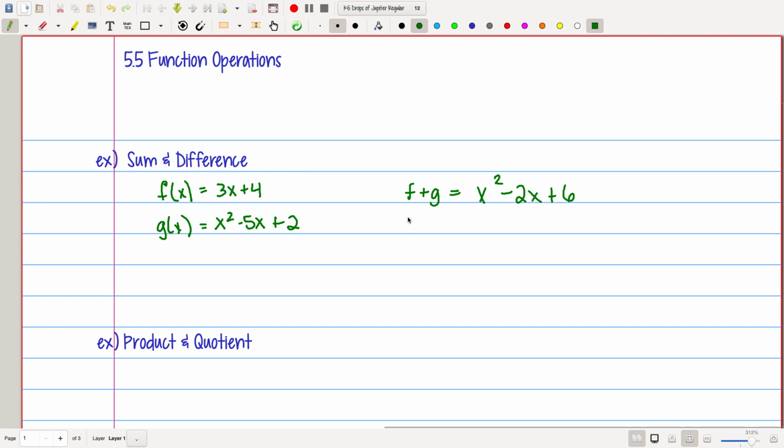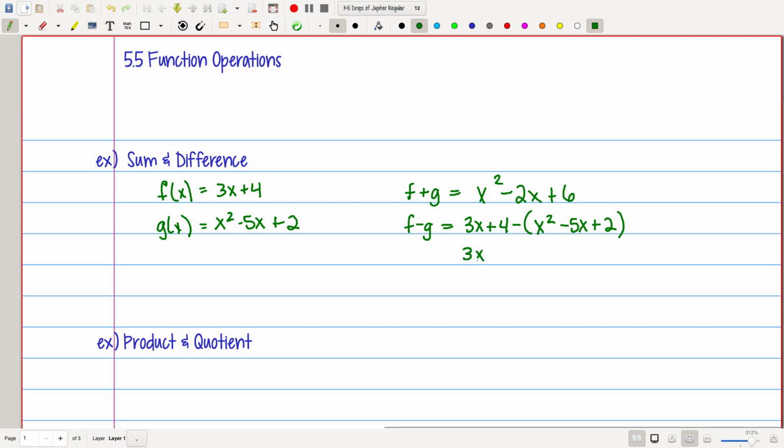Now, if it says f minus g, now you have to be careful. So you're taking f, which is 3x plus 4, and you are subtracting everything that's g of x. So that needs to go in parentheses, and we need to distribute that negative.